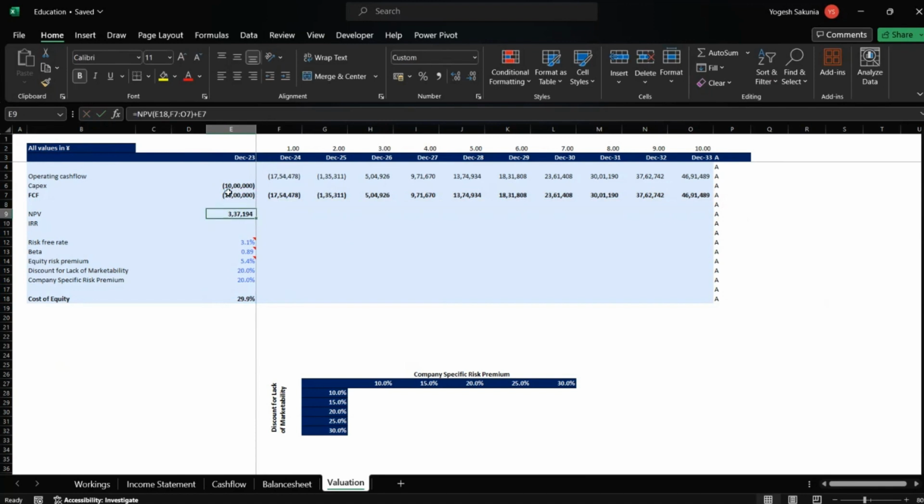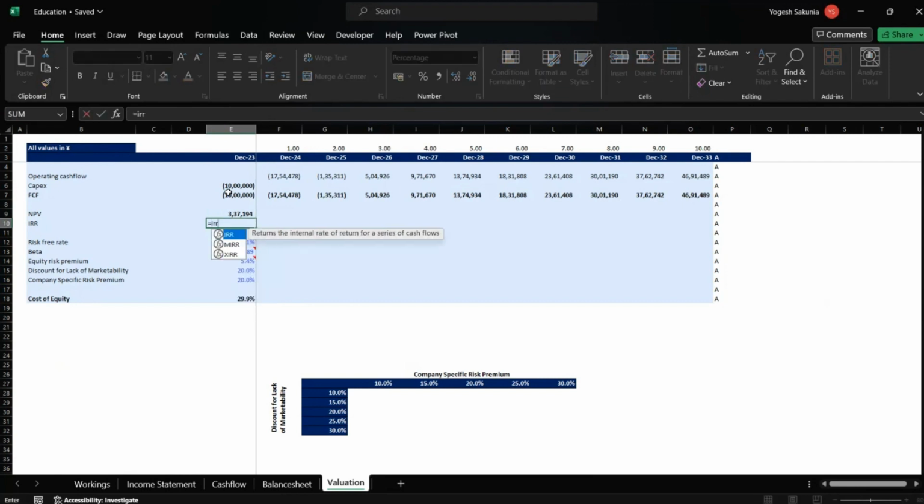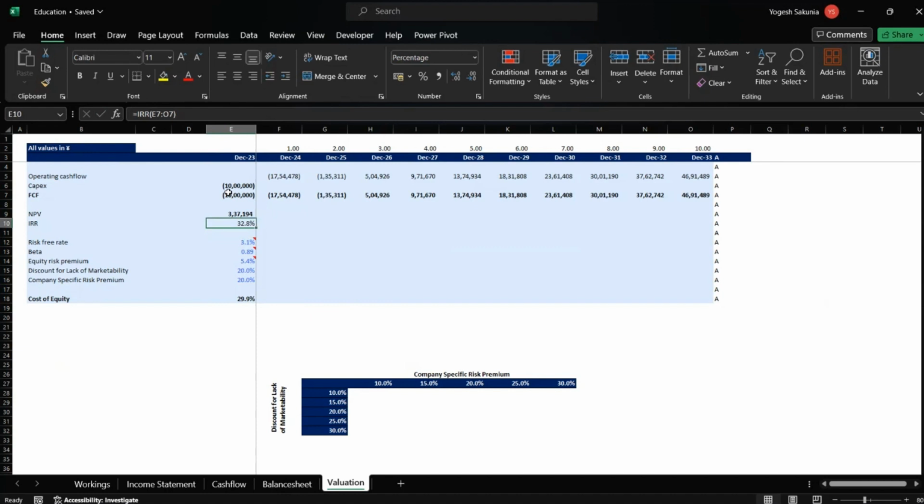So that gives us the NPV. We can also calculate the IRR, right? So the IRR, the return from this particular project is turning out to be 32.8%. The expected return from this is 29.9%.